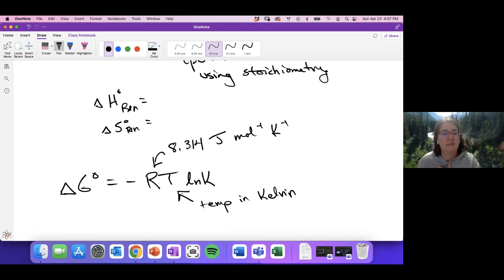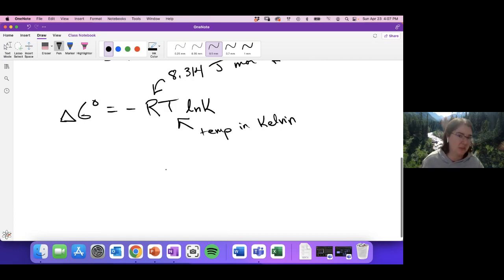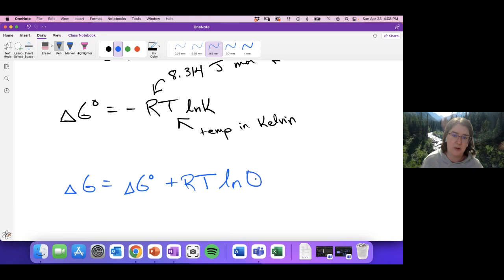But capital T in chemistry is always the temperature in Kelvin. We did, however, use a lowercase t. There's a negative sign there. Yes, there is. And if I wanted to talk about spontaneity instead of delta G standard, I'd use this one. And if I'm talking about whether something actually goes to products or to reactants, I'd need Q instead of K.